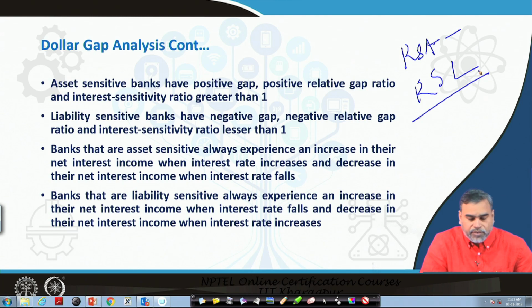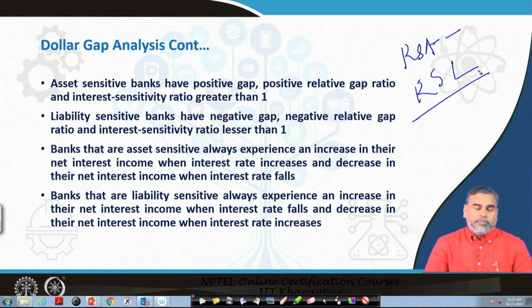The same way, the negative gap means the relative gap also will be negative, and your interest sensitive ratio will be less than 1, because your denominator will be more than the numerator.